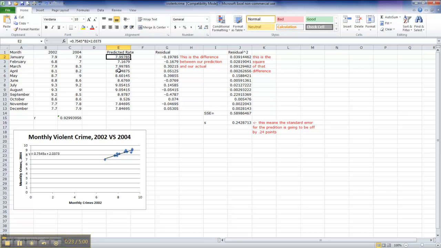Okay, so I typed in 0.745 times B2, because my data is going to run from B2 to B13, plus my 2.0373, and then I dragged and dropped. Oops. I dragged and dropped. All right.